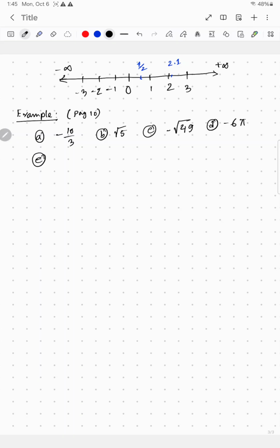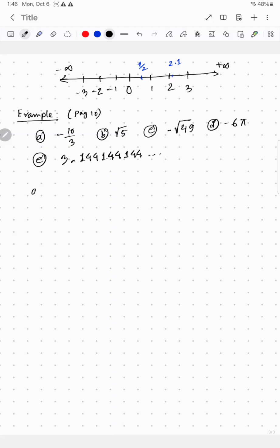And E, let's pick a different number: 3.1441444, and it goes on and on with the same pattern.